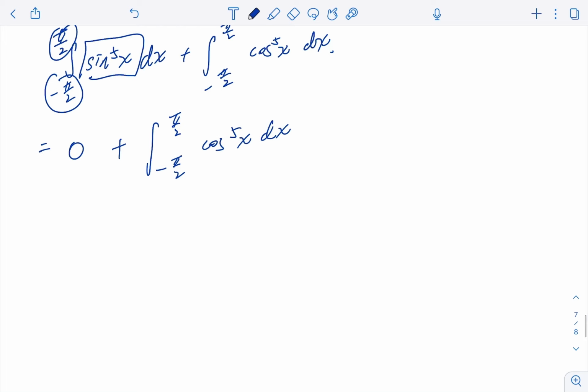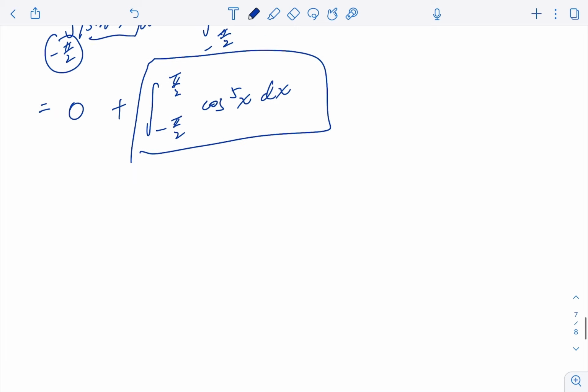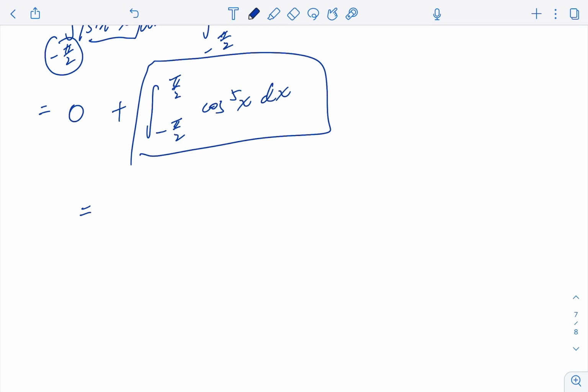So now what we have is this term here. What we're trying to do here is, when we differentiate any sine or cos function where the power is more than 1, we always end up having a sine or cos, because if I differentiate sine squared x, it's going to be 2 sine x cos x, by the chain rule.